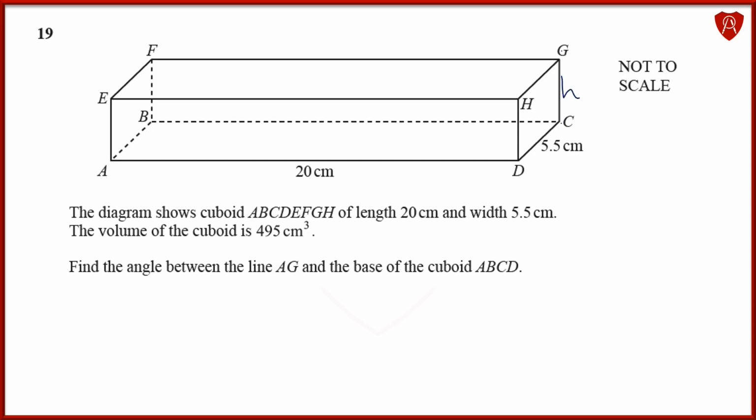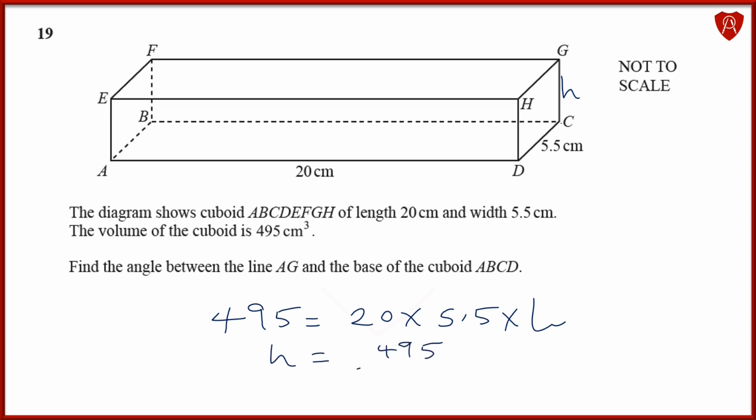How do we find the height of the cuboid? The volume, 495, should be equal to the base length times base width times the height, and we can get the height therefore by doing 495 divided by 20 times 5.5, which is 4.5.